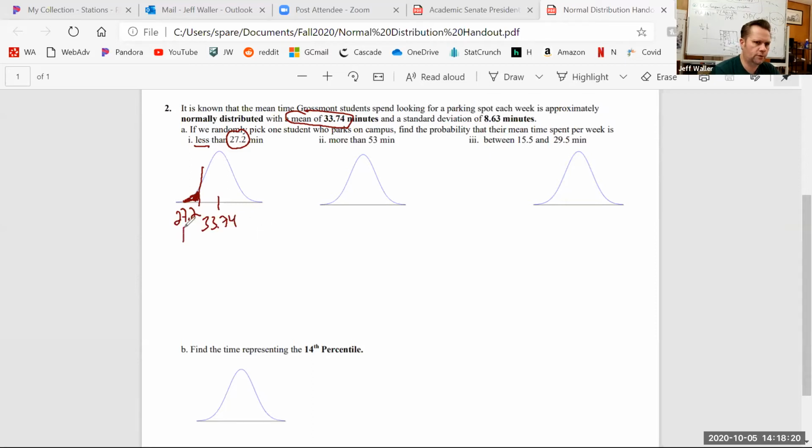So what we did last time was we realized I've got to make this into a z-score. So what z-score does this guy become? 0. So now I'm going to try to figure out what this guy becomes. I just have to do the old z-score formula. My data point minus the mean divided by the standard deviation, which is 8.63.